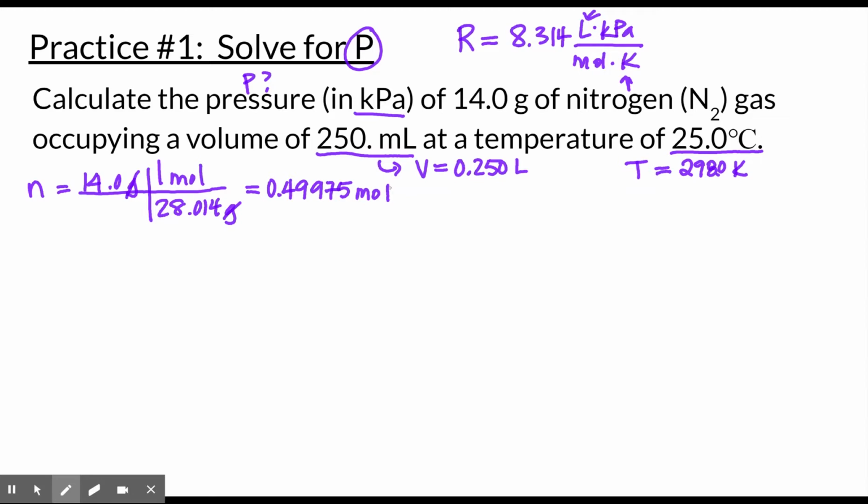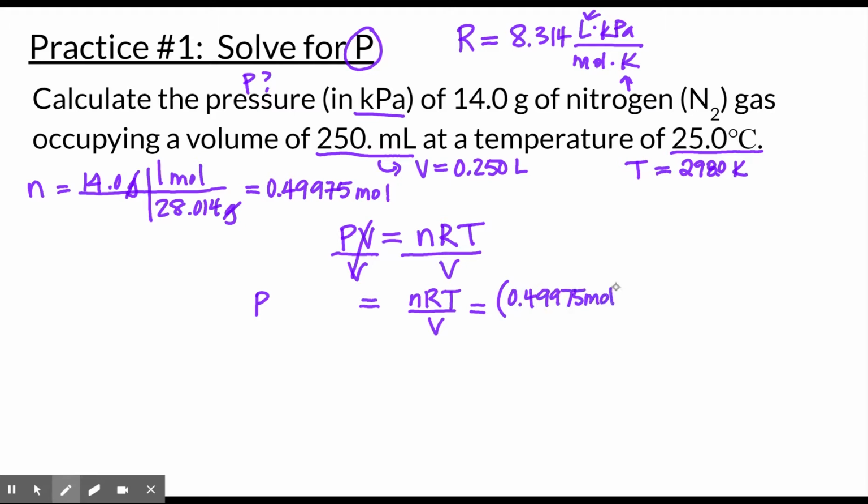So now we've got all of our values, and let's go ahead and solve for P. The original statement of the ideal gas law is this, but since we just need to get P, let's divide both sides by V so that pressure can be isolated on its side of the equal sign. So pressure is equal to N times R times T divided by V. The number of moles is 0.49975.